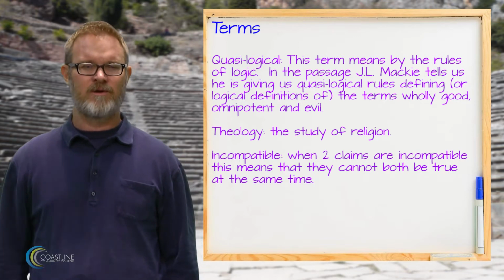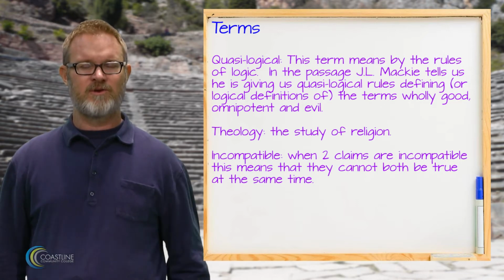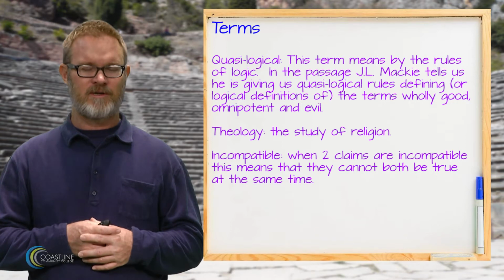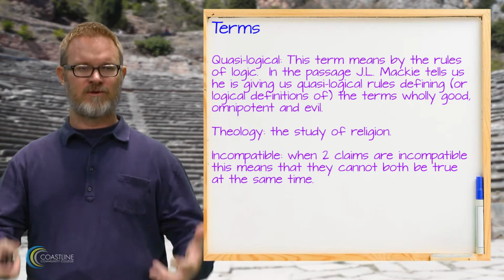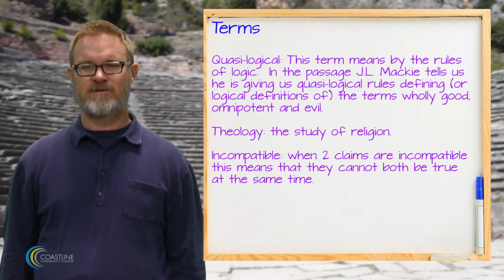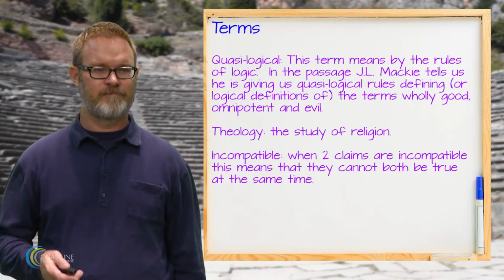That's kind of what quasi-logical means. So what Mackey intends to do is to try to define those words as far as logic will dictate. And then what he thinks is you'll have this weird dilemma for God and God's existence as a result, because evil is existing.